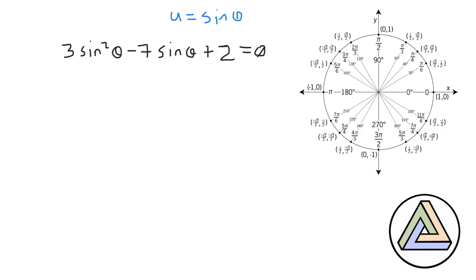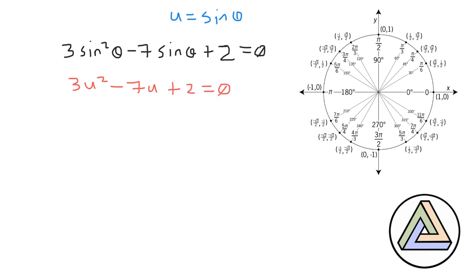Now, for the record, whenever you're doing u-substitution where you have this trinomial and it's quadratic, you always want the u to be the middle variable, okay? Right there, all right? That's your u. So anyway, moving on. We're gonna rewrite this, therefore, as 3u squared minus 7u plus 2 equals 0.